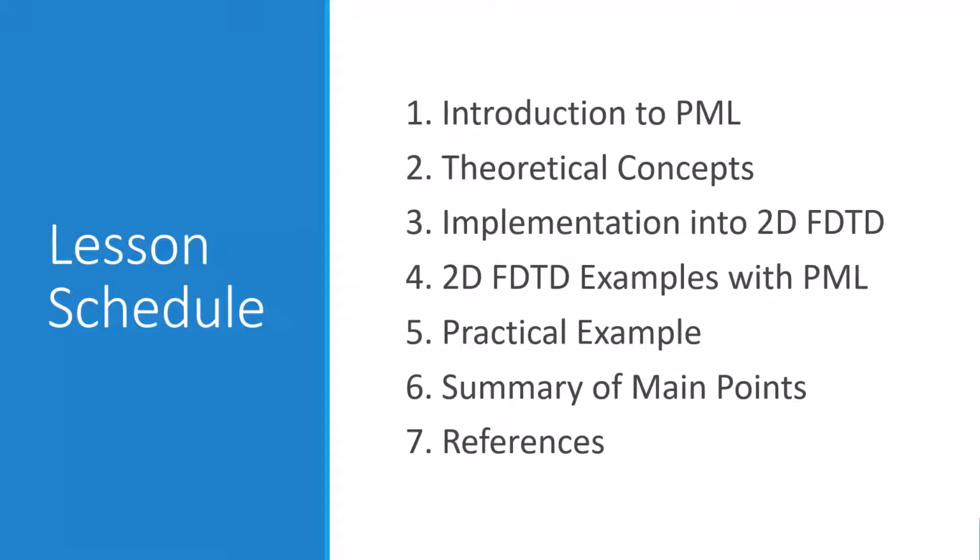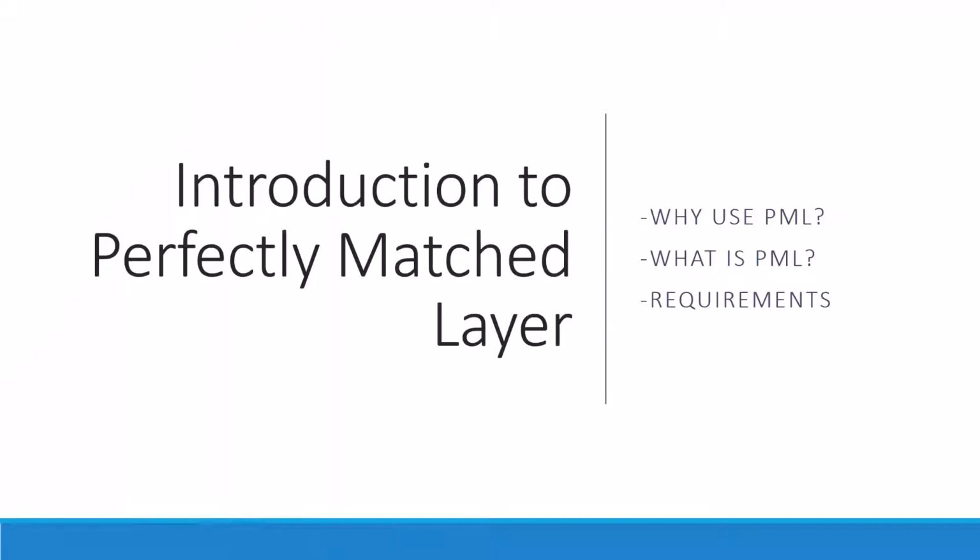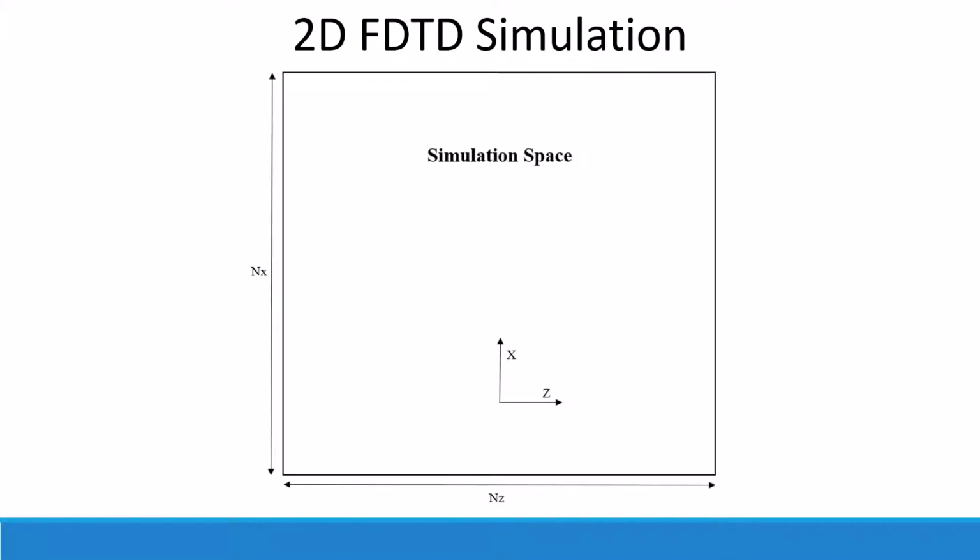So to jump into the introduction here, we'll discuss why we use the PML, what it is, and its requirements. So here we have a simulation space for an FDTD simulation in 2D. As you can see, we have the X direction and Z direction, and a NX and NZ defined for both, so the number of simulation spaces in each direction.